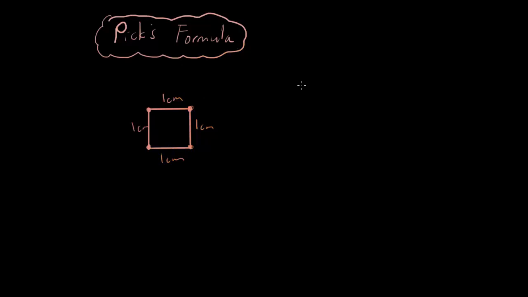So there are 4 dots on the perimeter of the shape. 4 dots on the perimeter.